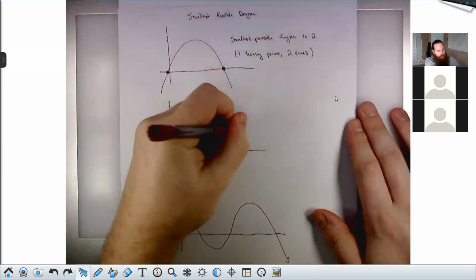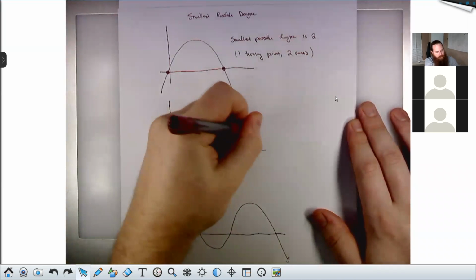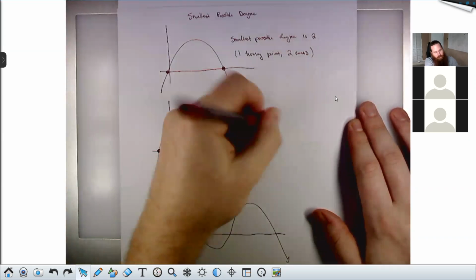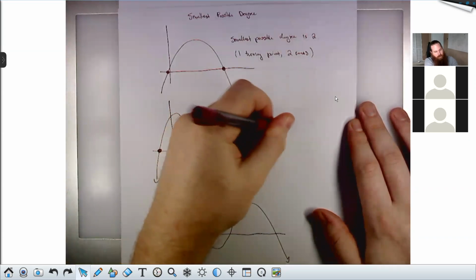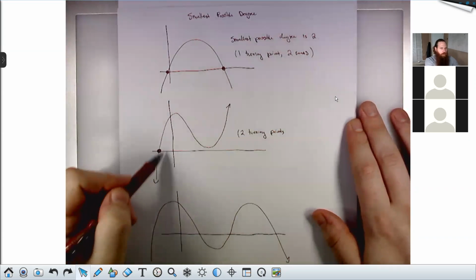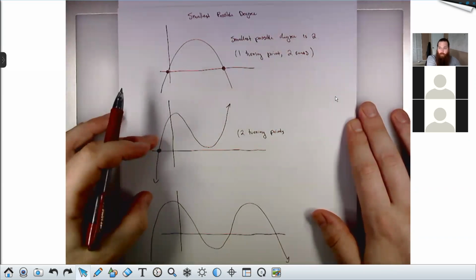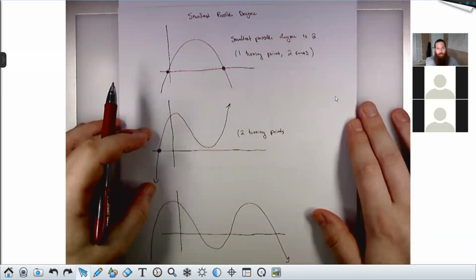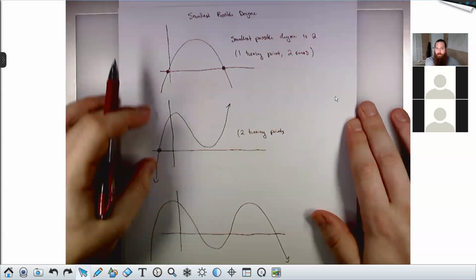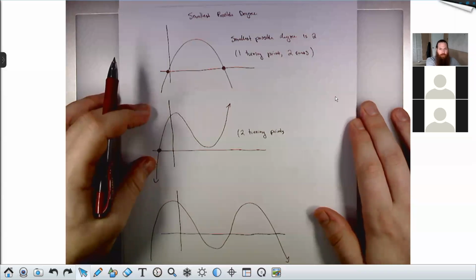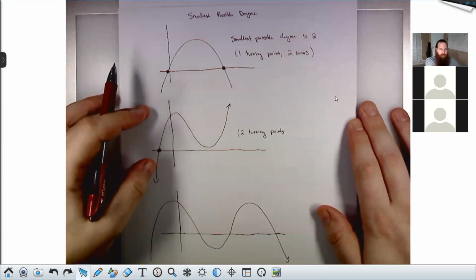This fellow has 2 turning points, and he only has 1 root. But if you shifted it down, it could have 3 roots. And shifting, adding or subtracting a constant, wouldn't change the degree, would it? So this has 2 turning points.